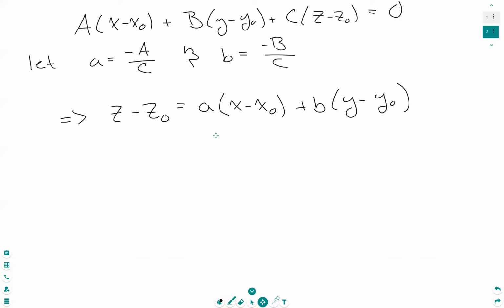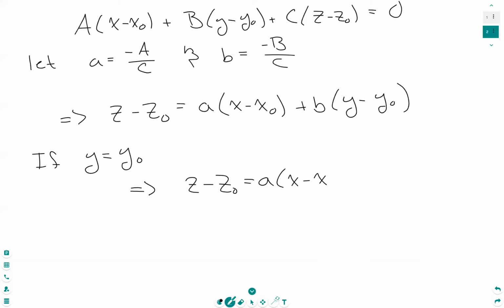So to find a and b, we're first going to notice the trace of this when y is equal to y naught. If y is equal to y naught, I get that z minus z naught is equal to a times x minus x naught.